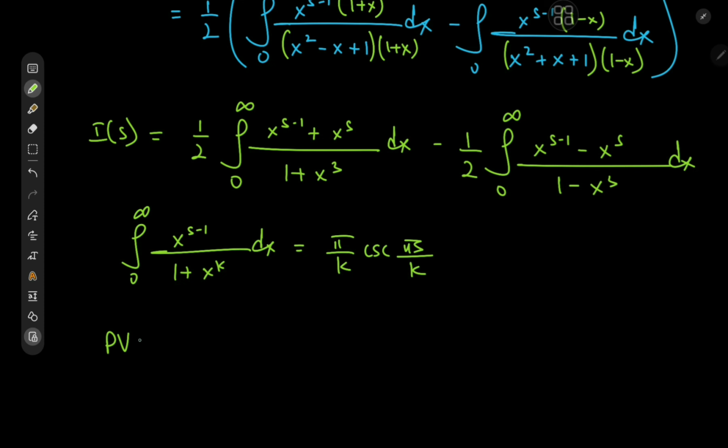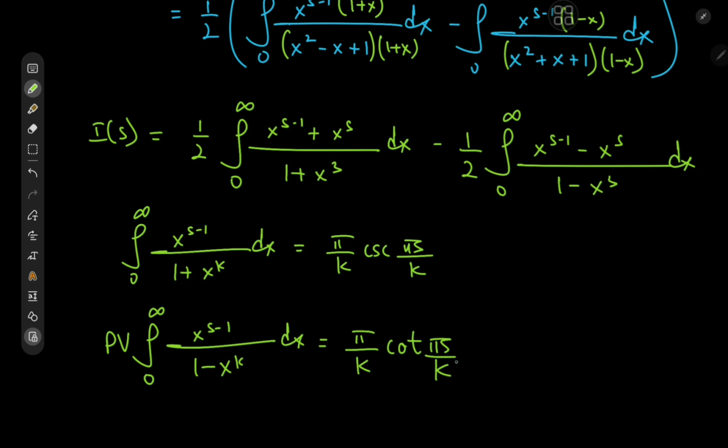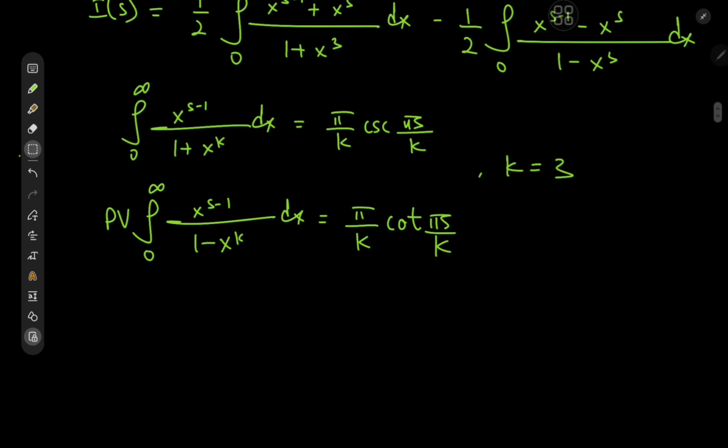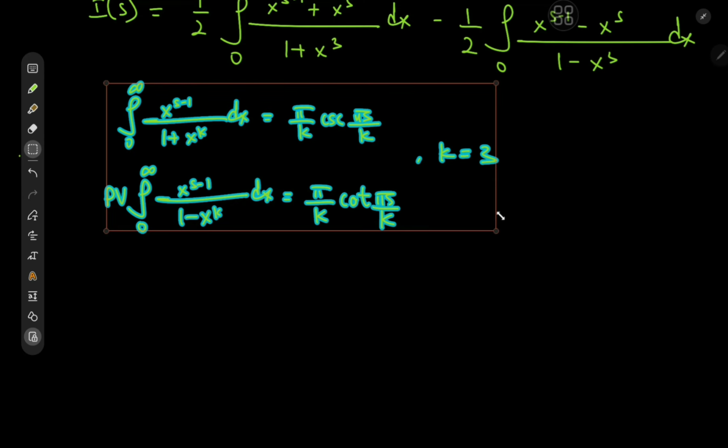And the other is the principal value of the integral from 0 to infinity of x to the s minus 1 divided by 1 minus x to the k dx. That thing equals pi by k times the cotangent this time of pi s by k. And of course, in our case, we have k being equal to 3. Okay, cool. So let me just invoke these two results now.